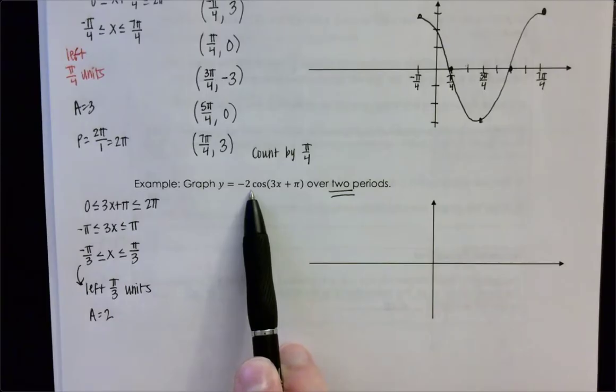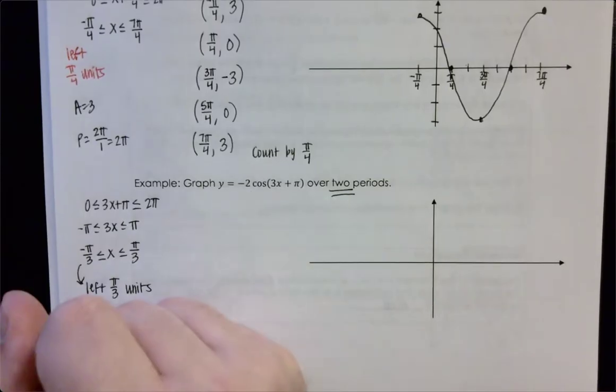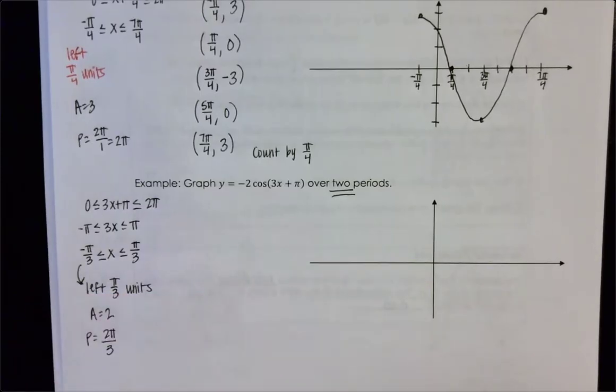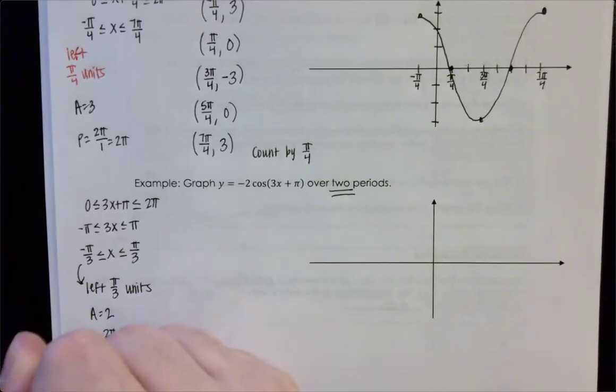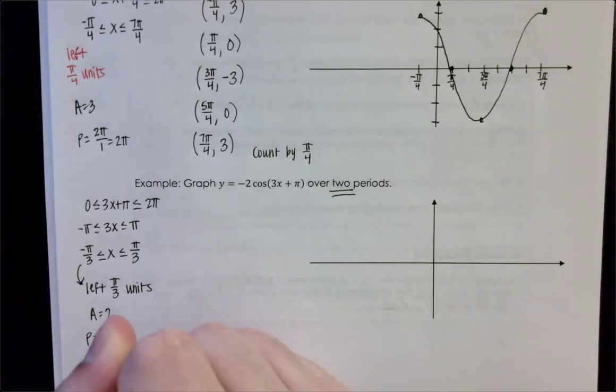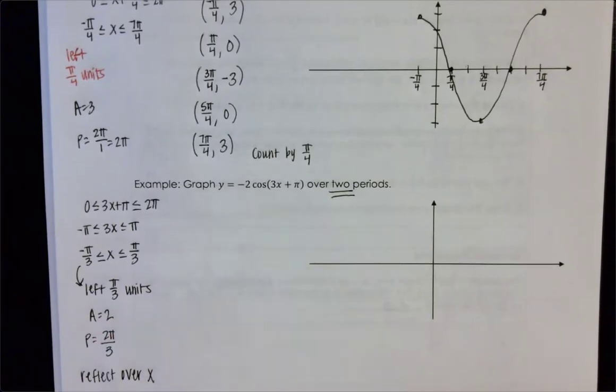Amplitude is 2. Period is 2 pi over 3. And we have a reflect over x because of the negative.